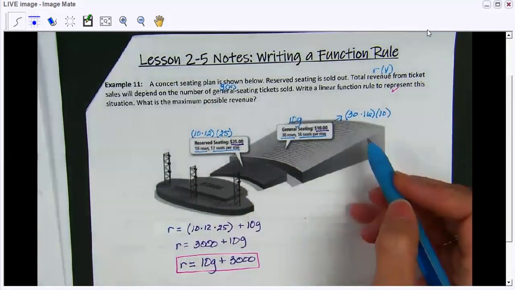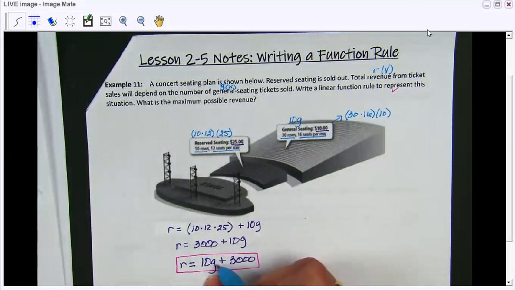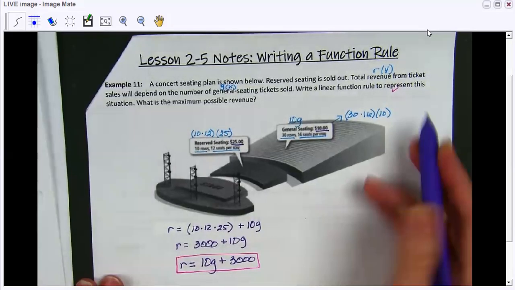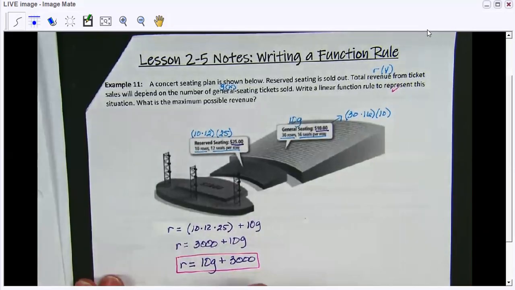Okay, so let's go ahead and plug that in here. It would be the revenue equals, they already have the 10 there, so 10 times 30 times 16 plus the 3,000 from the reserved seating.